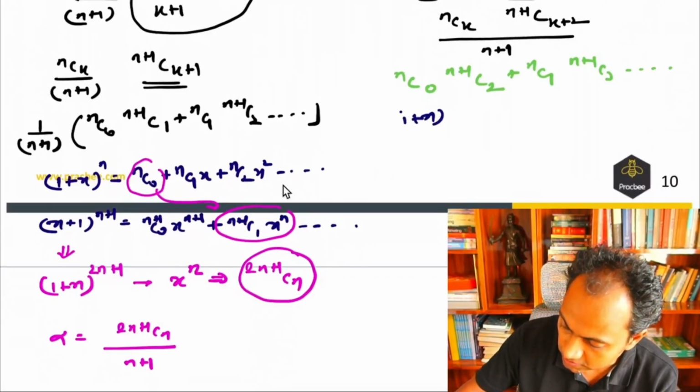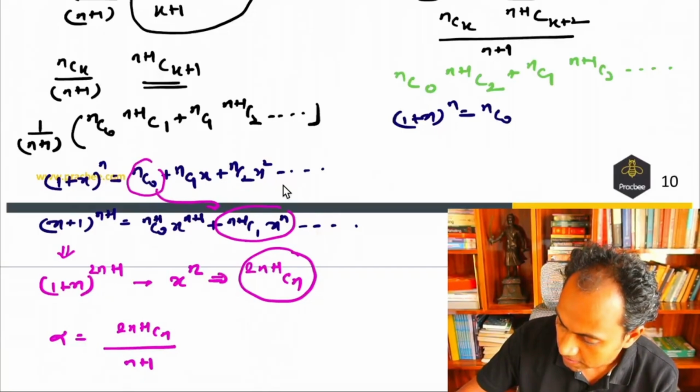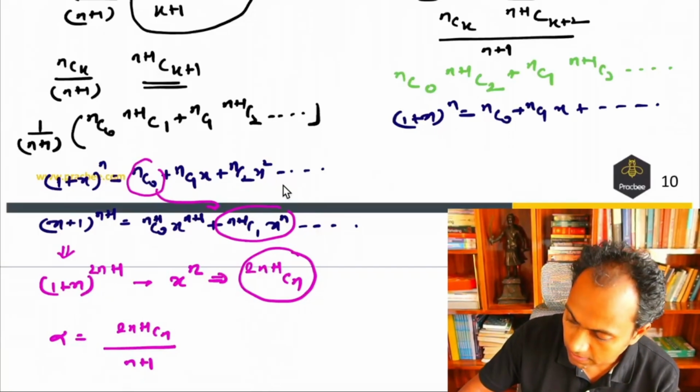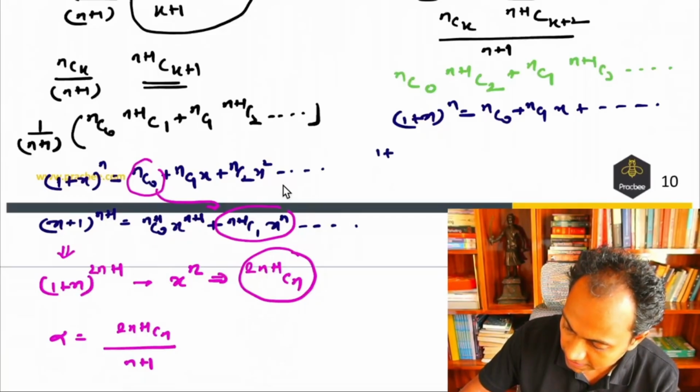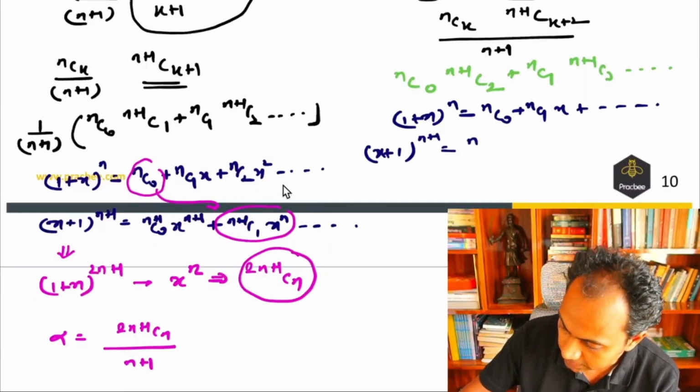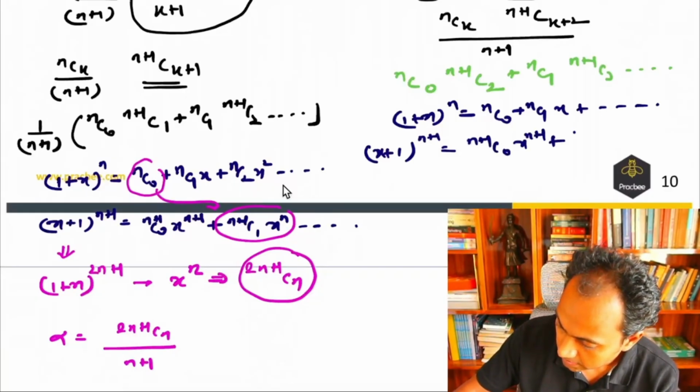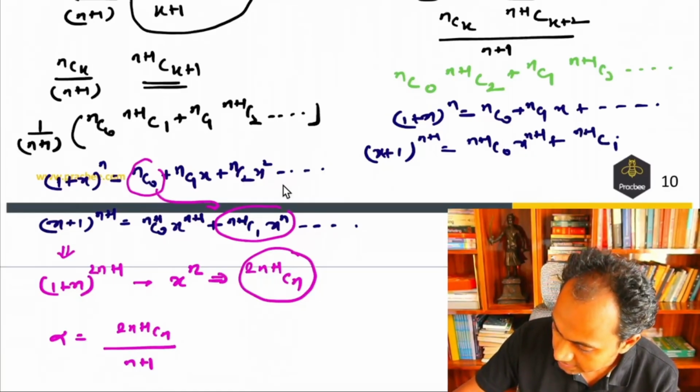We will write an expansion (1+x)^n = nC0 + nC1 x, and so on and so forth. We will write another one, (x+1)^(n+1), and this will become n+1 C0 x^(n+1), n+1 C1 x^n, and n+1 C2 x^(n-1).